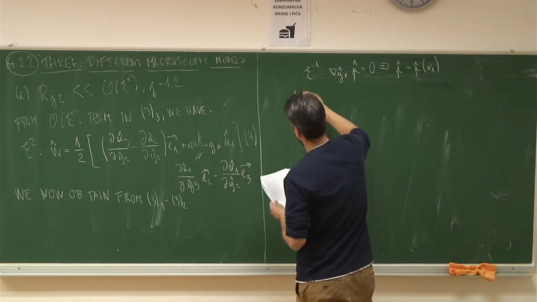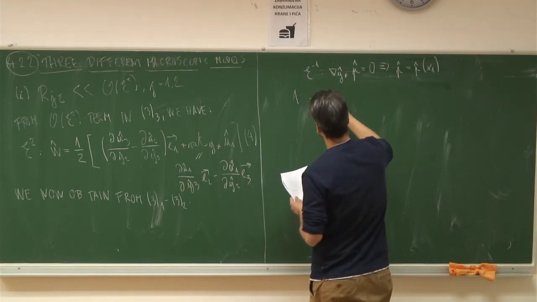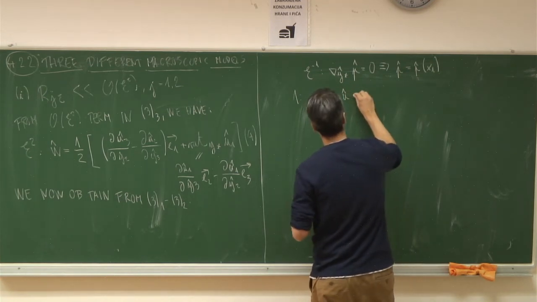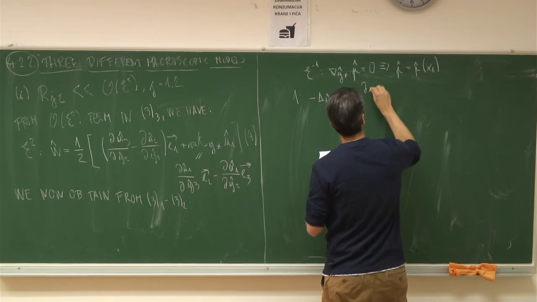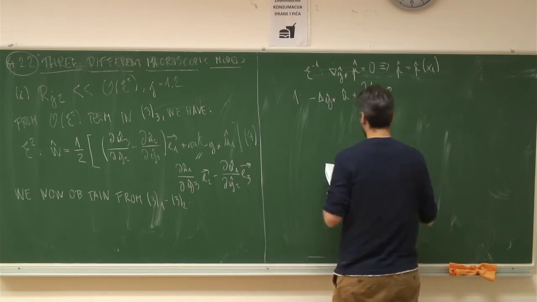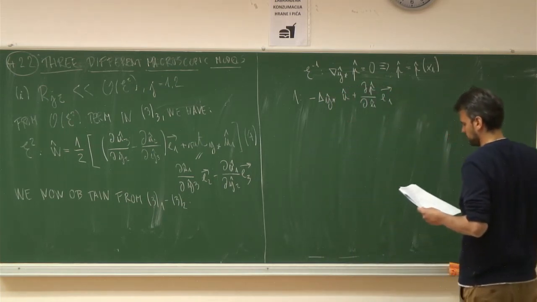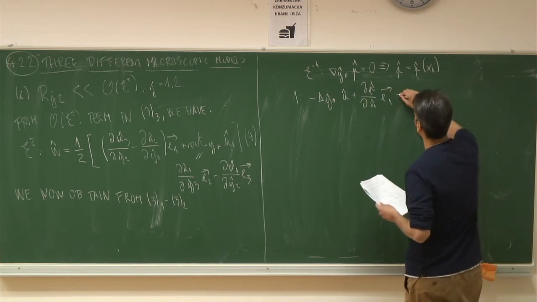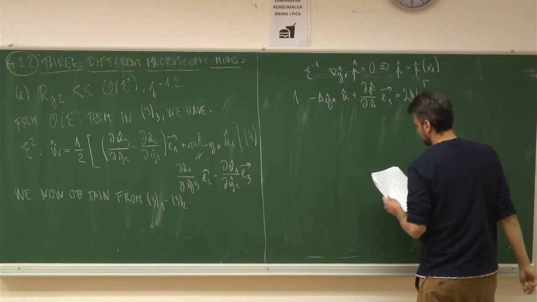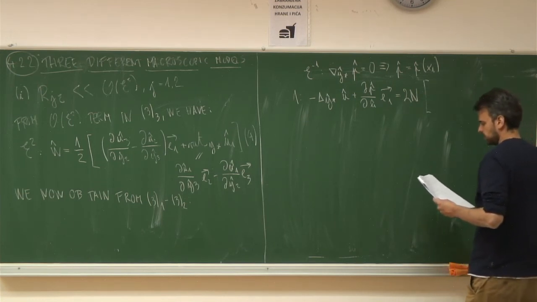Then by 1, you have minus Laplace y kappa u kappa plus d kappa over dx1 kappa e1. Okay, so this is equal to, on the other hand, 2n, the rotation basically of the micro-rotation.